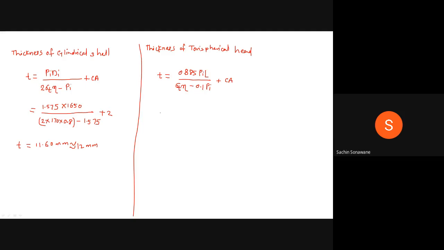Substitute the values: 0.885 into 1.575 into 1300 divided by 170 into 0.8 minus 0.1 into 1.575, plus 2. Therefore, calculate.